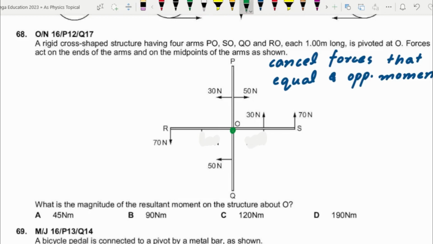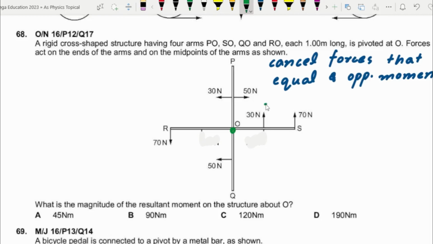Okay, so let's check if there are some other forces that we can remove for producing equal moment. No, we don't have such a case, or do we? For example, you have a 30 Newton force. This one, 30 Newton, is 0.5 meters away from the pivot, and it would make it rotate clockwise.